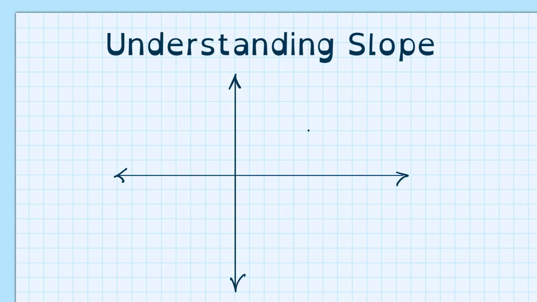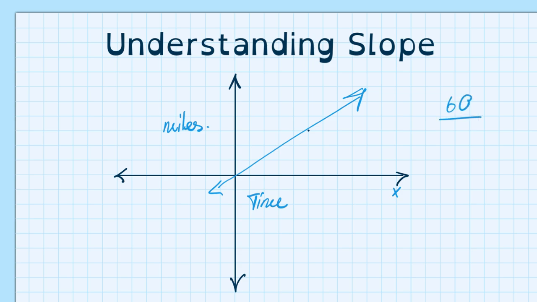So for instance, this one line could show us how fast we're driving and also how far we're getting as we're driving. So then our x-axis will show the time that's passing, and then our y-axis will show the miles that we'll be covering. So if we're driving 60 miles per hour, that means in 1 hour we would be covering 60 miles.